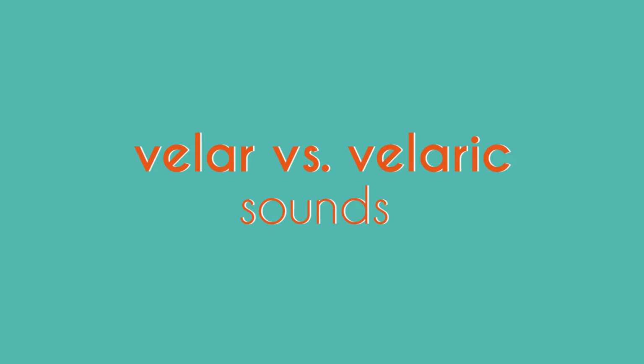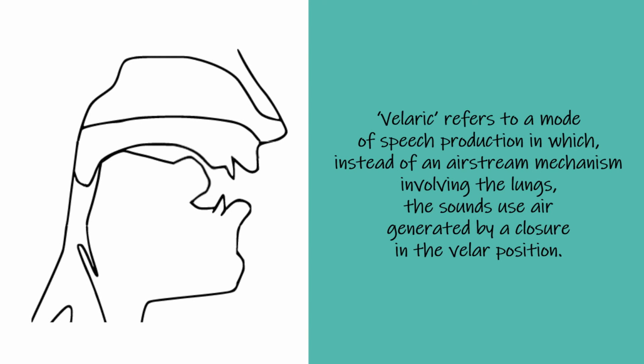When you say velar as opposed to velaric, they're different things. Velaric refers to a mode of speech production in which, instead of an airstream mechanism involving the lungs, the sounds use air generated by a closure in the velar position.